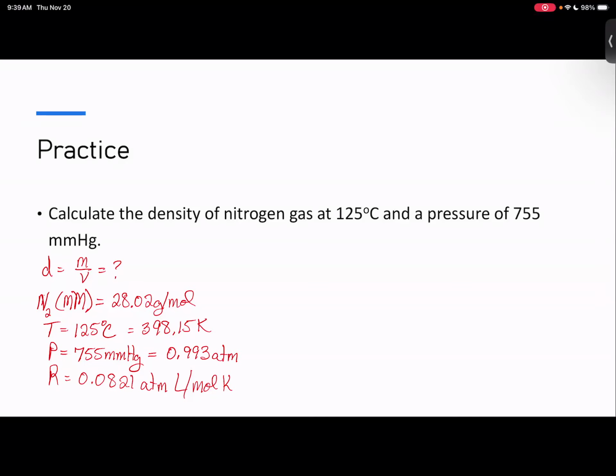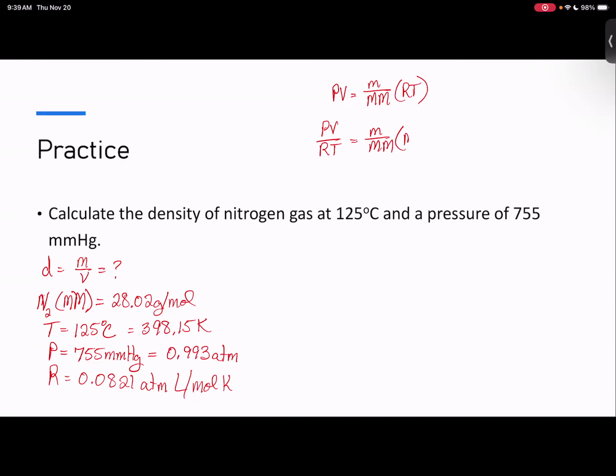Again, the base gas law that I am using is PV equals mass over molar mass times RT. We can take PV over RT equal to the mass over the molar mass by dividing both sides through by RT.